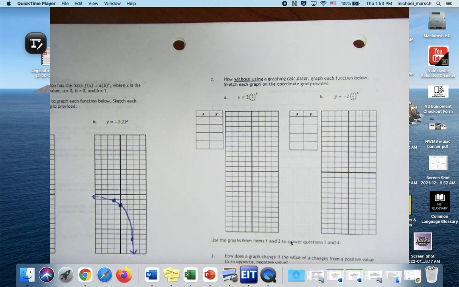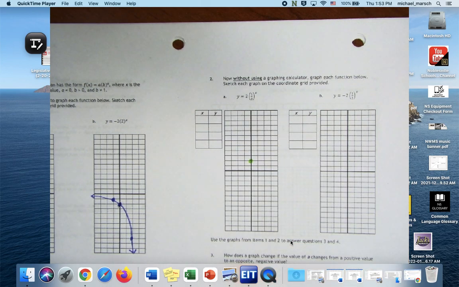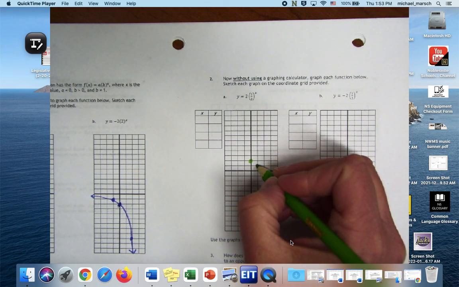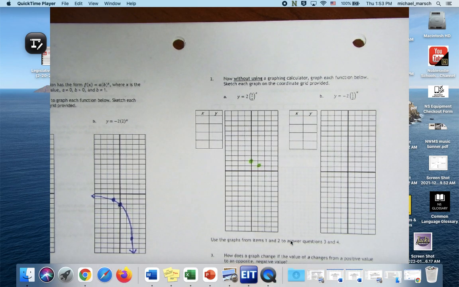So it looks like I have another similar. I have 0, 2 is my y-intercept, and then I have 1, 1. Then it looks like I have -2, 8 again.